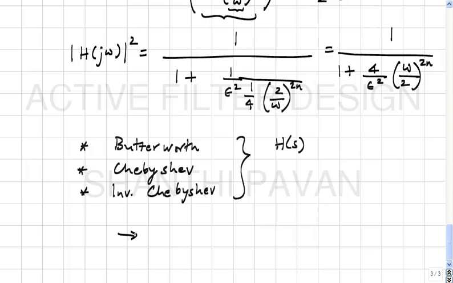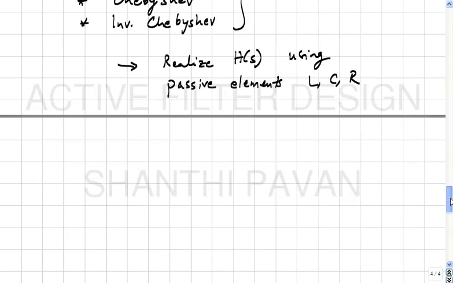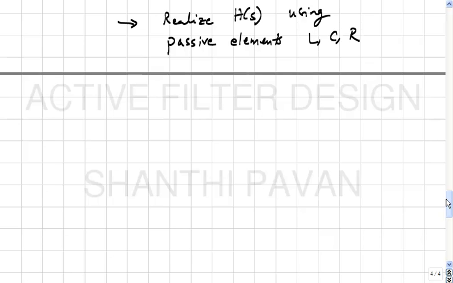The next step is to realize h of s using passive elements: L, C and R.